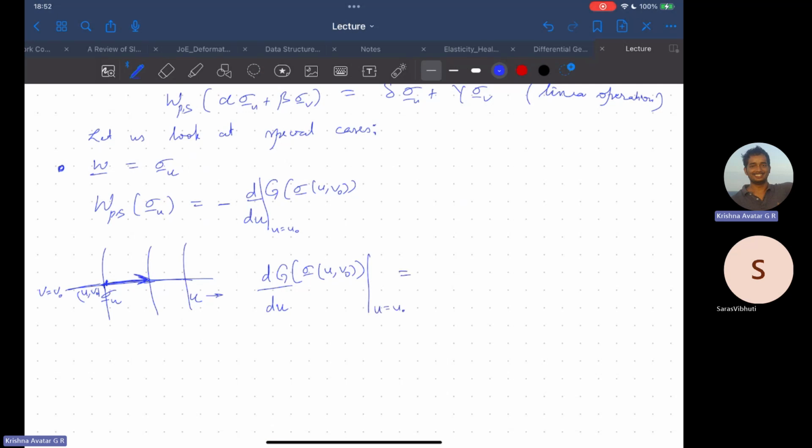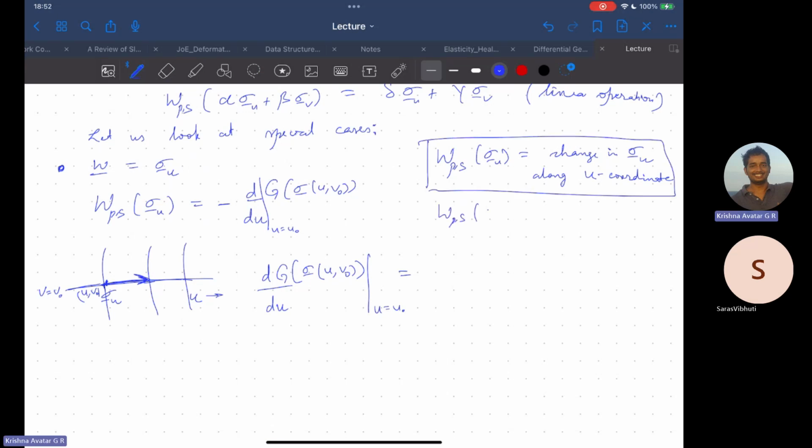I just want to look at how the Gauss map is varying at this point, because that's what we imply by looking at all this. I'll just write some things to make things clearer. I believe I'm just creating confusion. So W_p of S of sigma_u is equal to the change in sigma_u along the u coordinate. That's what it means, simply speaking.